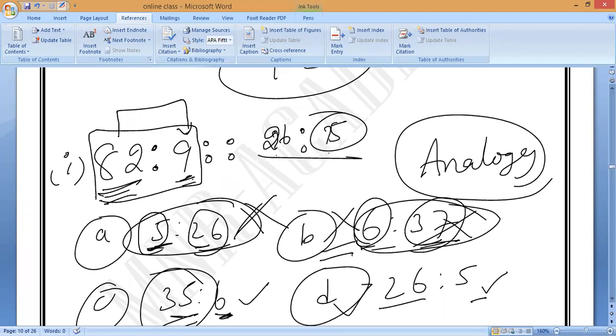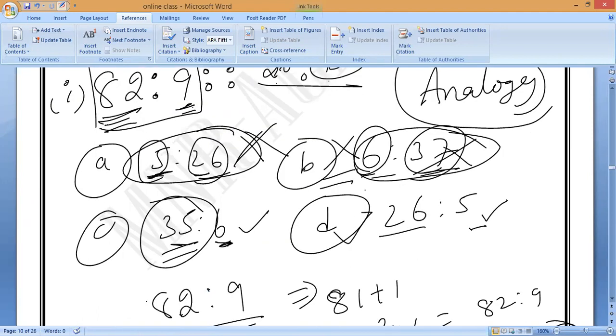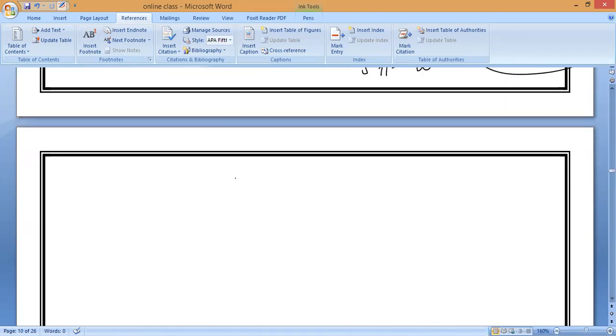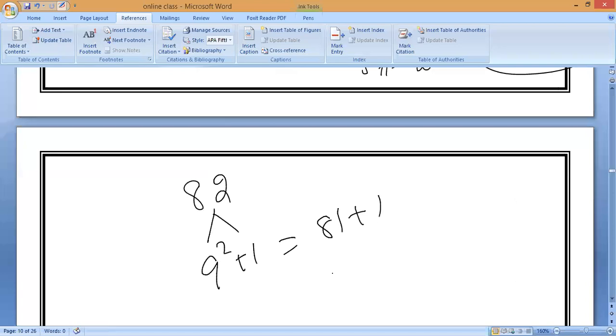Now you see the remaining 2 options, which one is it? First you have to find the pattern behind this one. So you may observe here, 82. What is the possibility of 82, Padmavarshini? 82 is what? 9 square plus 1. Correct or not? 82 I can write as 9 square plus 1, which is equal to 81 plus 1, which is equal to 82.